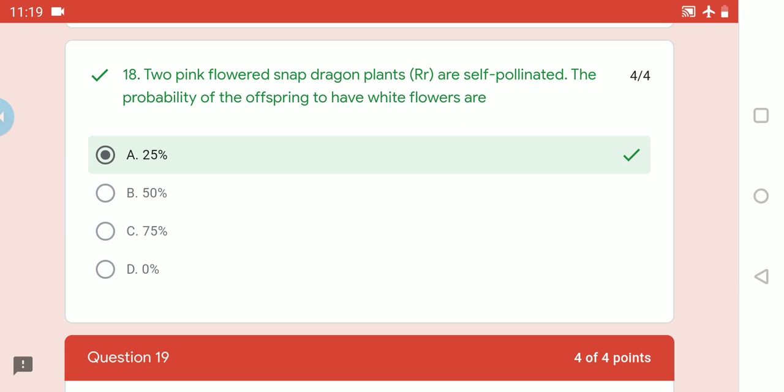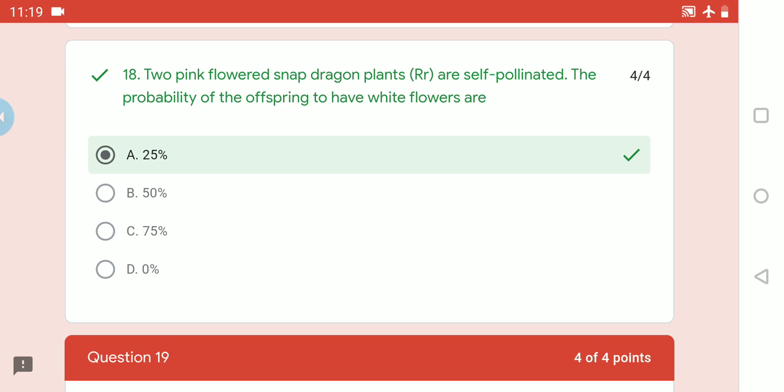Two pink flowered snapdragon plants, that is, write down pink flowers arise in a heterozygous condition, this is capital R small r, are self-pollinated. The probability of the offspring to have white flowers? Let me tell you, this question is related to the deviation from Mendelian principle, specifically incomplete dominance, also known as partial dominance or blending inheritance.